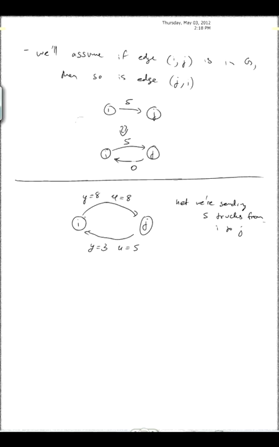But if you look at this arc, it looks like we cannot increase the total flow that's going from I to j. But the maximum net flow from I to j is actually 8.